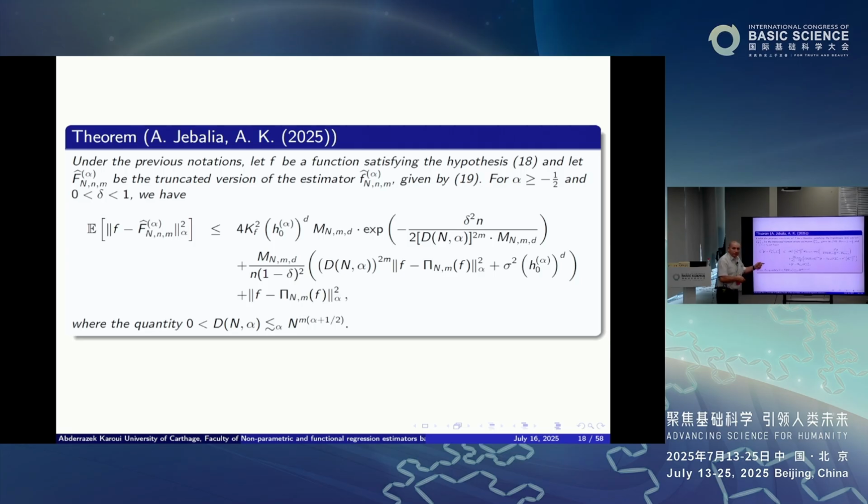Practically every estimator has these two components when you look for the risk error. And this one is very small, so don't worry about it. This is the usual way: if you construct an estimator, you have to get the risk error of the estimator in order to get the order of convergence.